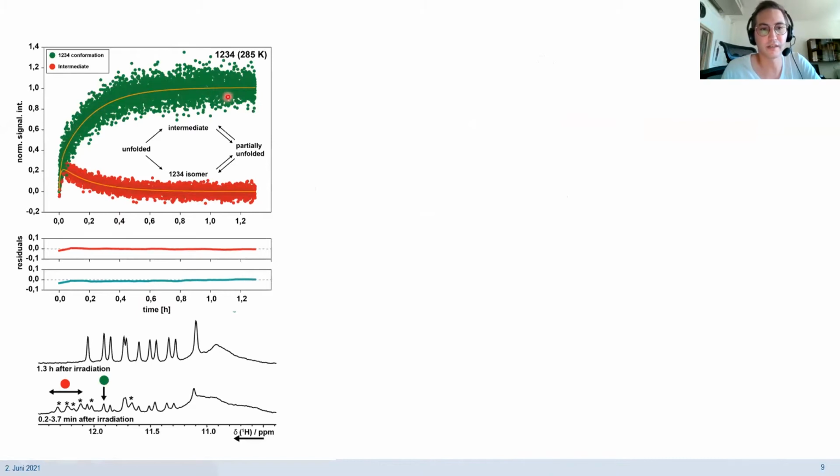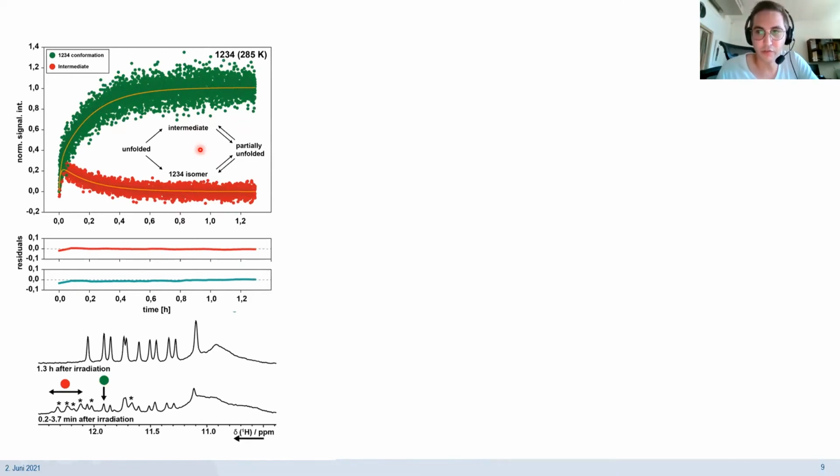This is the kinetics in green. But in addition to that, you can also detect signals which give rise to a transient intermediate kinetic trace shown here in red. And after careful analysis of our kinetic data, we came up with this kinetic model, which perfectly explains our experimental data.